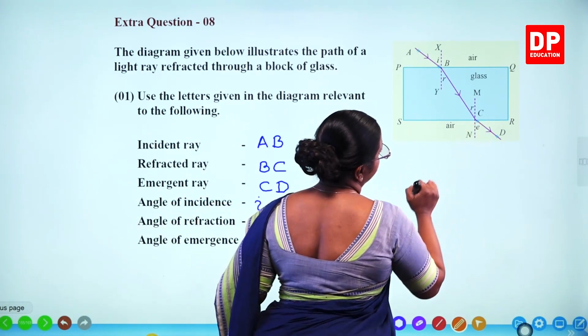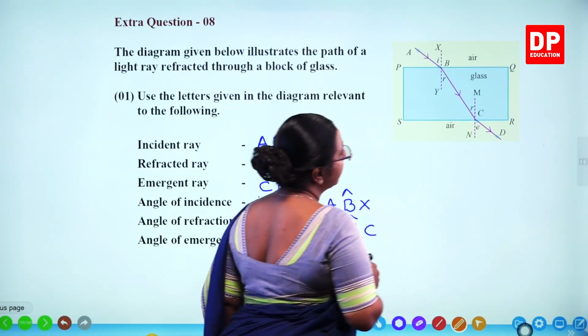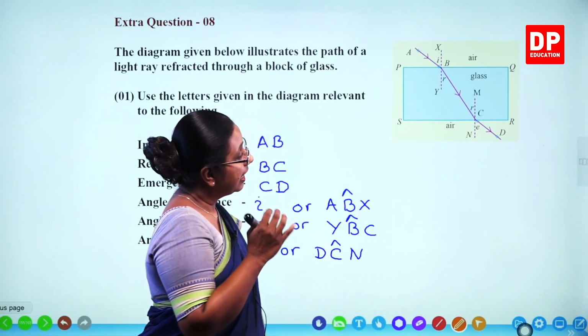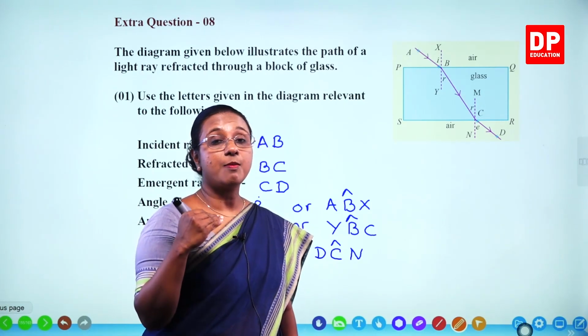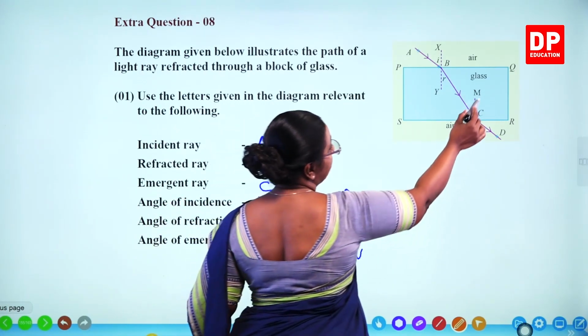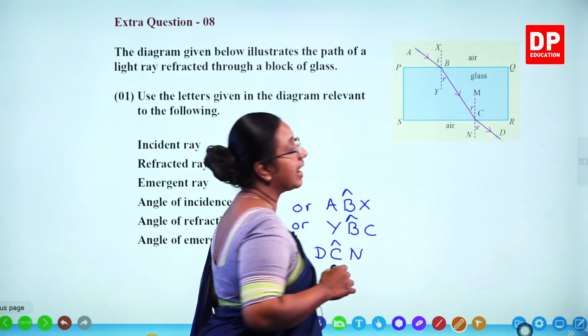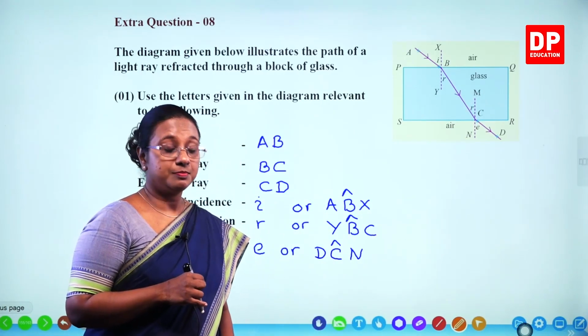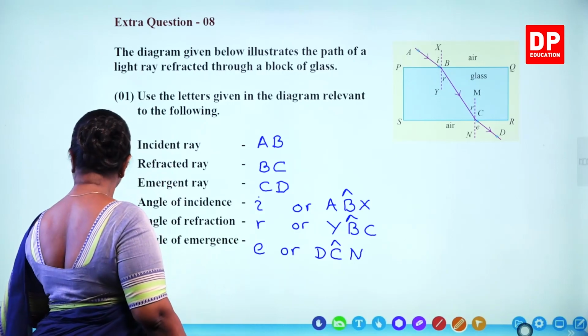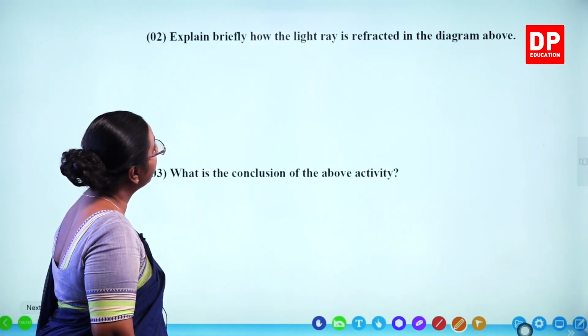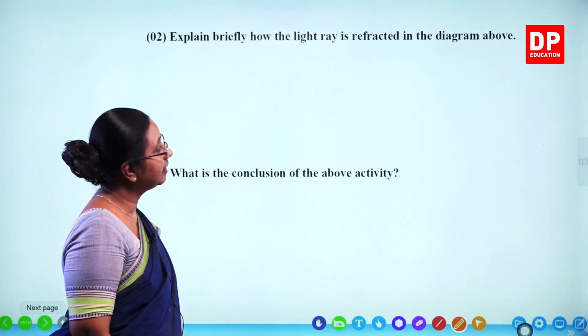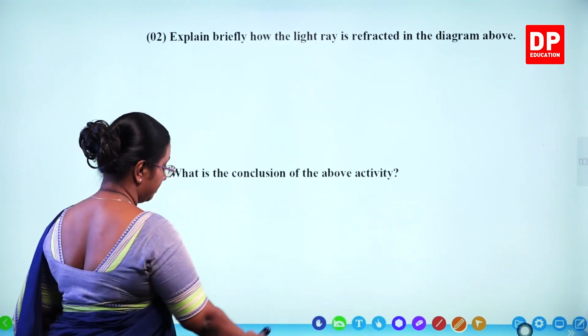And at this point where you have the MN, that is the normal, from there the ray refracts away from the normal. Why? Glass is the denser medium, air is the lighter medium. So that is what we have to explain here. Explain briefly how the light ray is refracted in the diagram above.